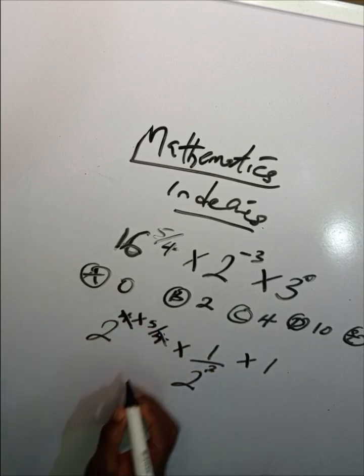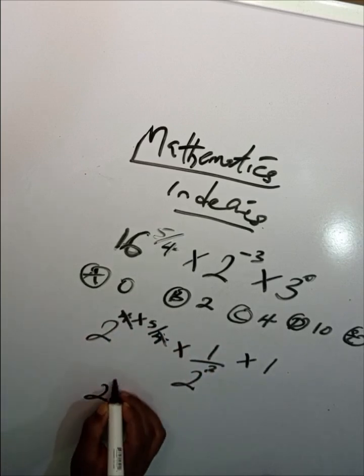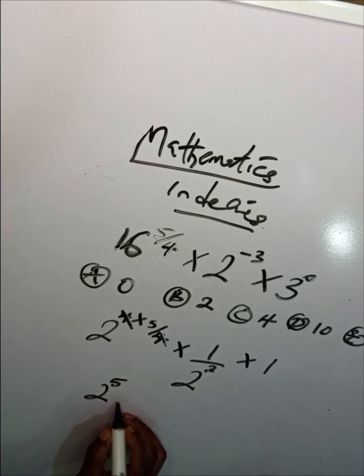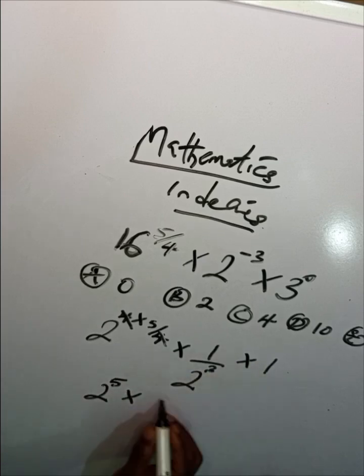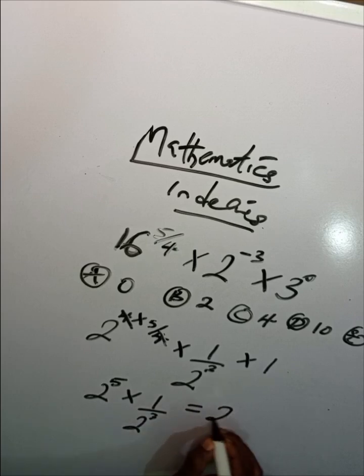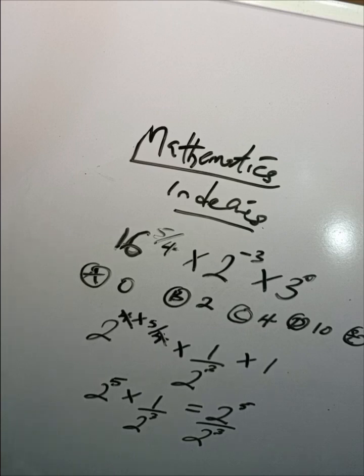So 4 cancels 4 here. What is the remaining? 2 raised to power 5 times by 1 times 1 over 2 raised to power 3. So what do you have here? 2 raised to power 5 over 2 raised to power 3. Division law.